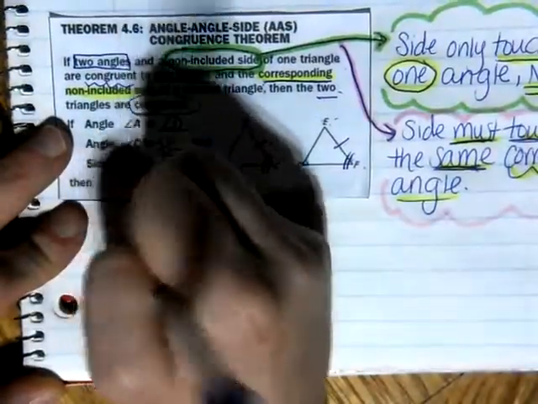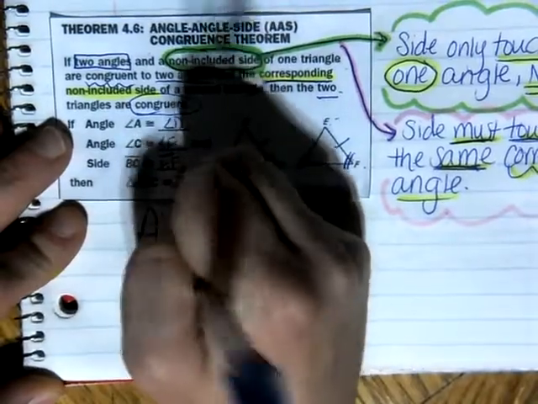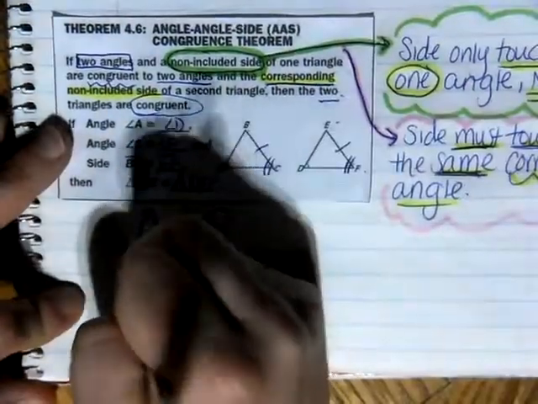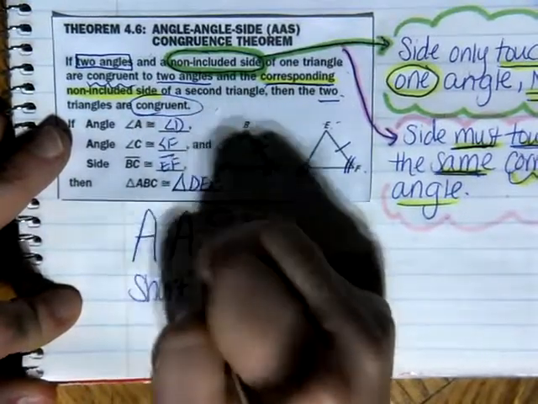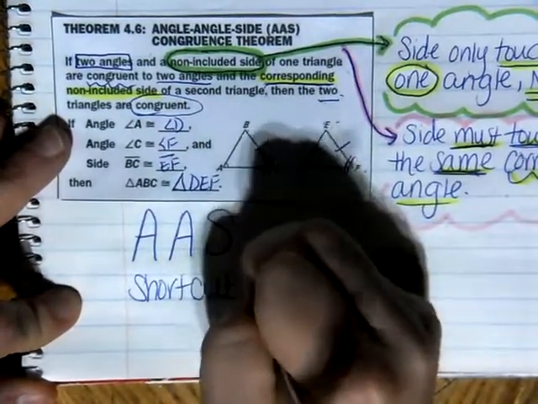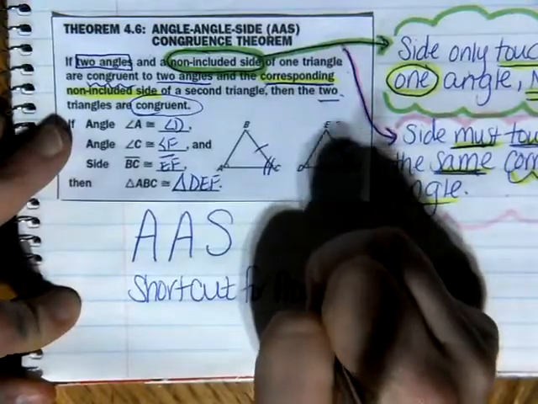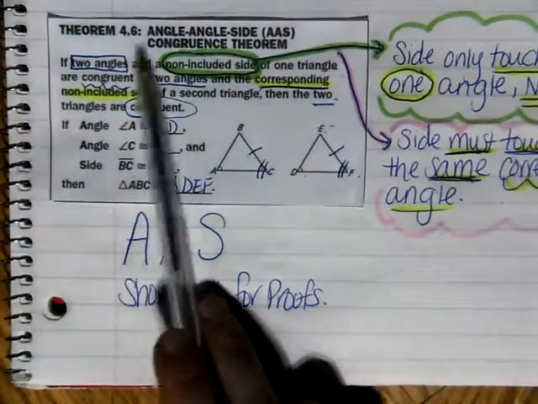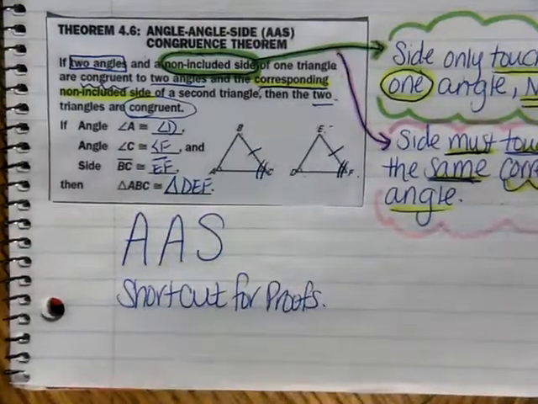So we use AAS, angle, angle, side. This is our shortcut for proofs. And I say it's a shortcut once again because if we didn't use it, we would have to write this whole if-then statement, and nobody wants to write that whole if-then statement.